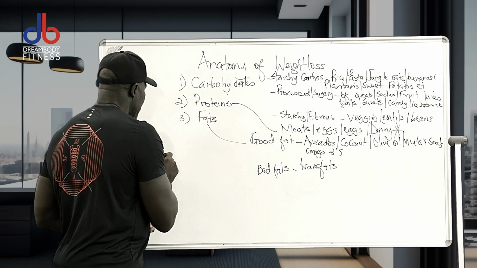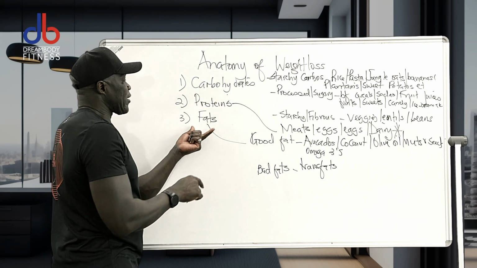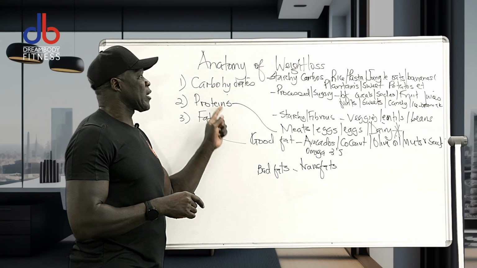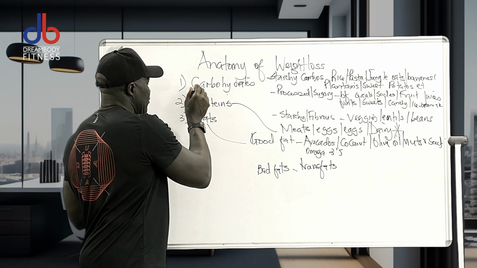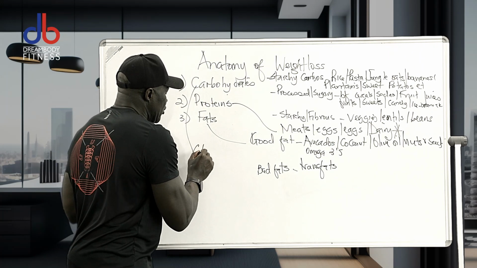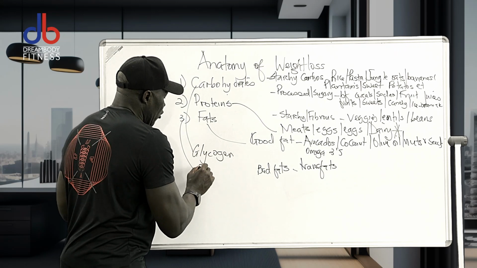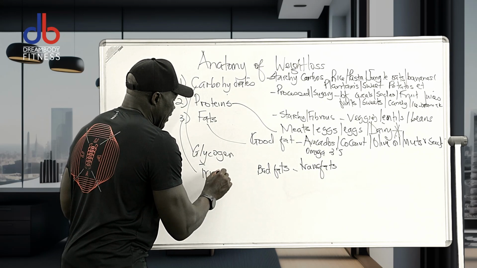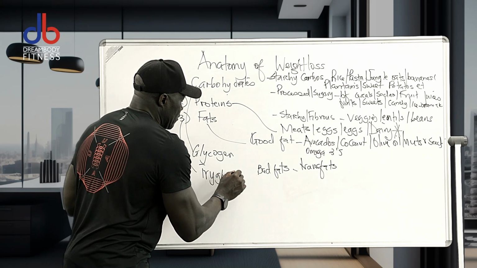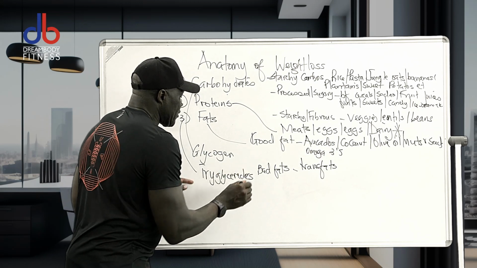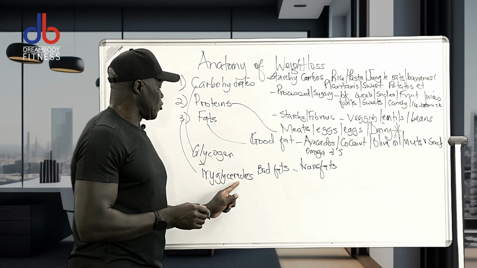So here we have carbohydrates and you have fats. These are the two sources that your body can use. It can use carbohydrates, what we call glycogen, or it can use your fats, what we call triglycerides.